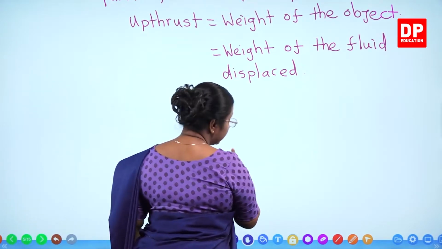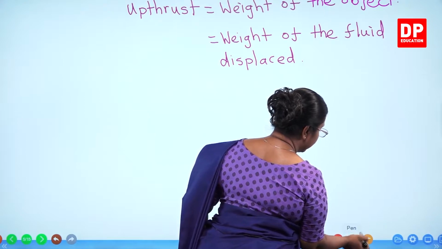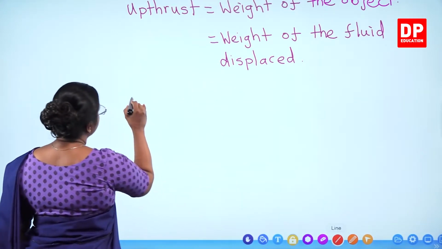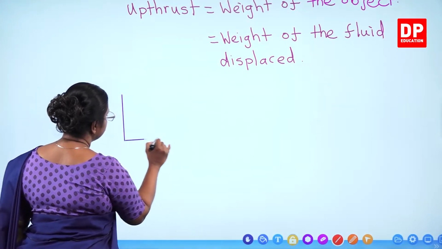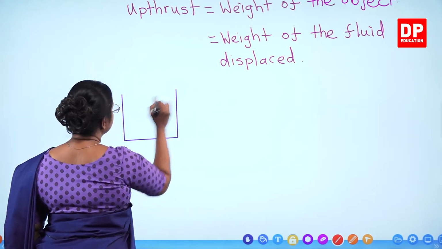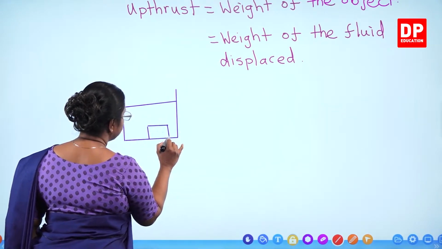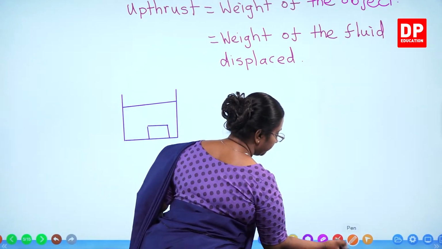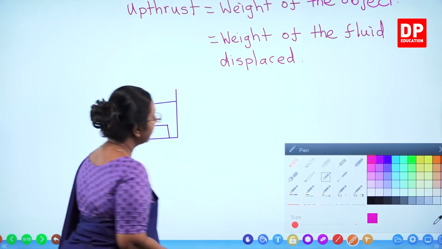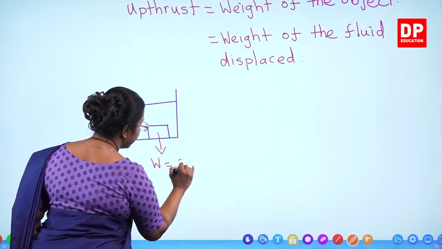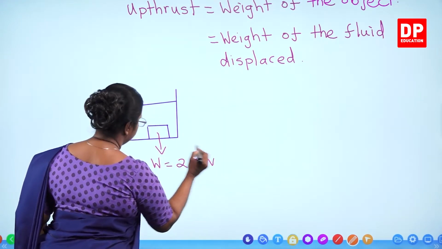Then the last instance, or object C. So there what happens, students? Now we had the object. It actually sinks in water. Now here what did we see? The weight acting downwards, that was 2.5 Newton.